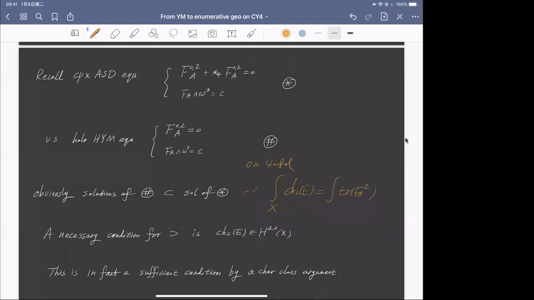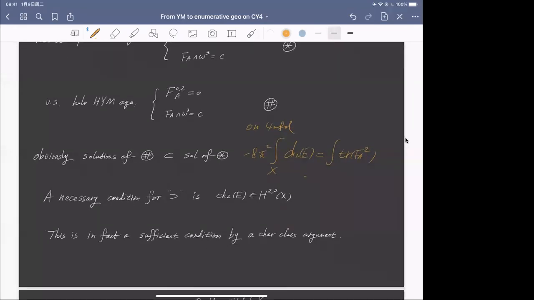On Calabi-Yau 4-folds, you can consider the integral of this second Chern character of E wedged with the holomorphic volume form. This is a (4,0) form. Then this becomes the trace of F_A squared wedged with the (0,2) form. So this is a topological quantity.